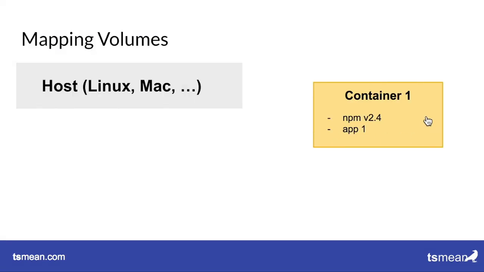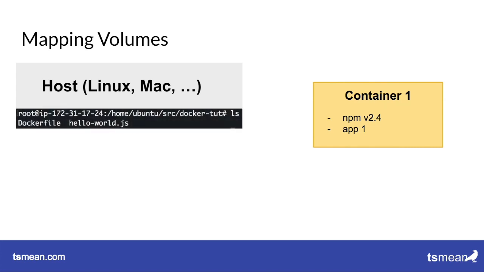So the container doesn't actually know anything about my host. And we can verify this by just typing ls in the host and see, okay, I have a Docker file here and a hello world.js file.